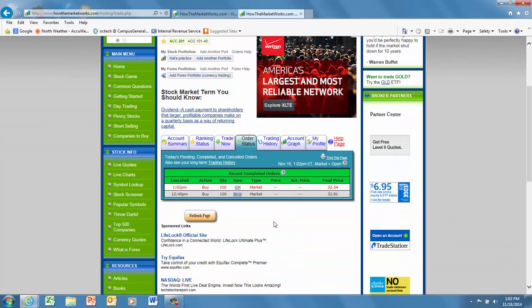Alright, so here it's showing my order status. That I bought 100 shares of General Motors at $32.34. And it also shows another recently completed order that I did earlier where I bought some Burger King.